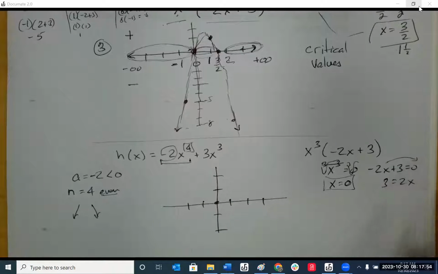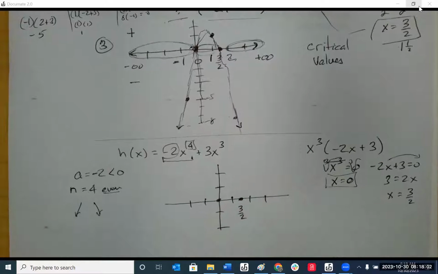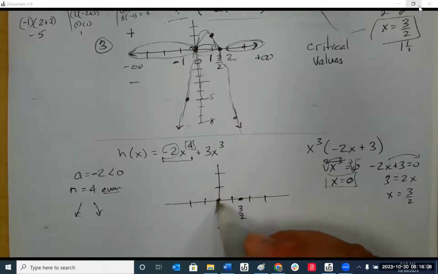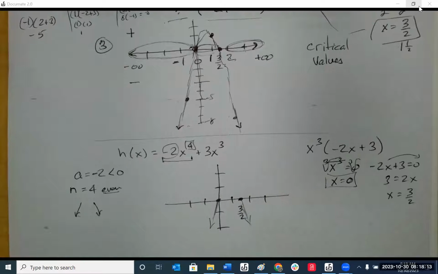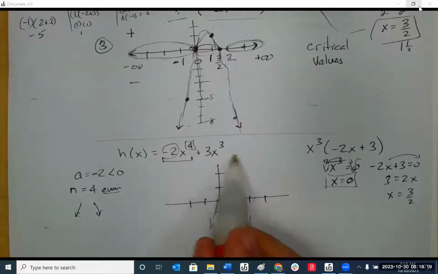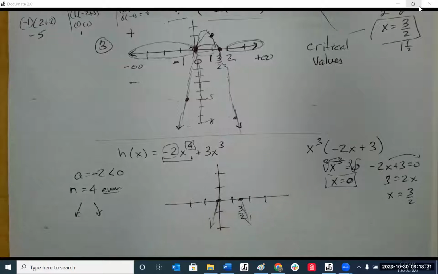I move that one over there and divide by 2, so x is equal to 3 over 2. Those are my only two x-intercepts. And I know from those endpoints, the graph goes down. We know that since there's no constant, the y-intercept is 0.